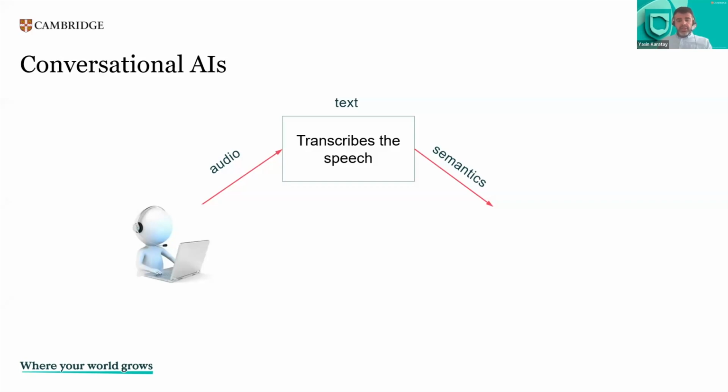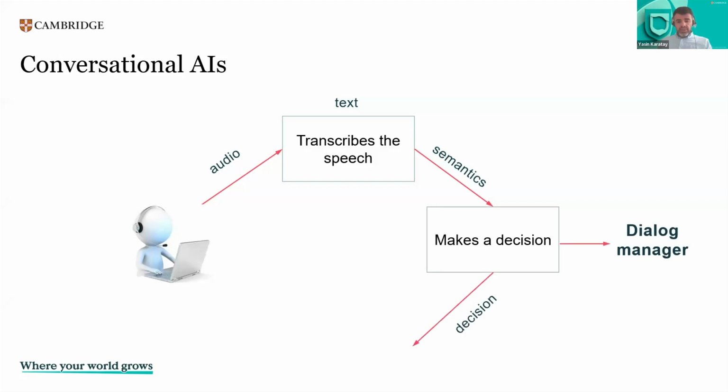Then it sends this information to the brain of the system, which is called the dialogue manager. This part makes a decision about what to say next and sends it to the next part, called natural language generation. This part then converts the response to speech and sends it to our user or student. All this chain of events happens in milliseconds.